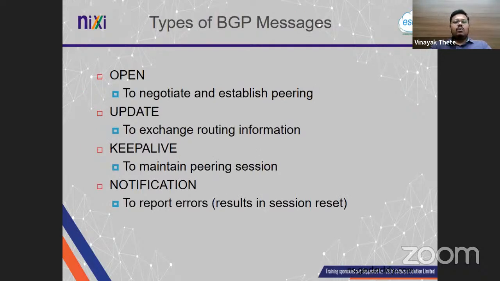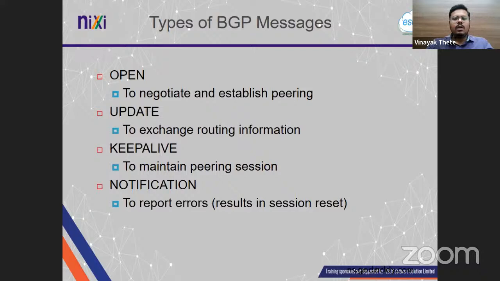So now, these are the types of BGP messages which are exchanged between BGP peers. There are four types of BGP messages: open, update, keepalive, and notification. These messages are continuously exchanged for making the BGP neighborship.